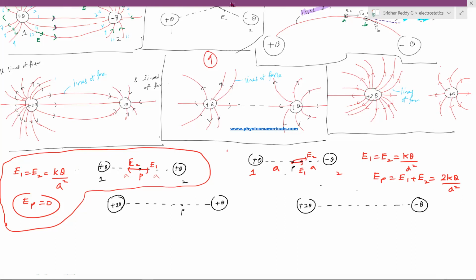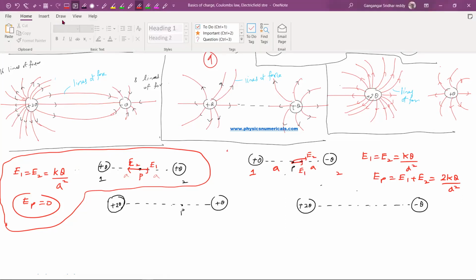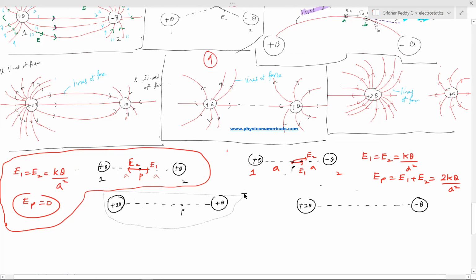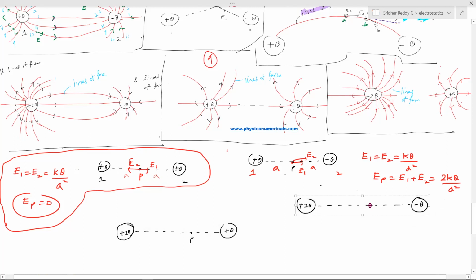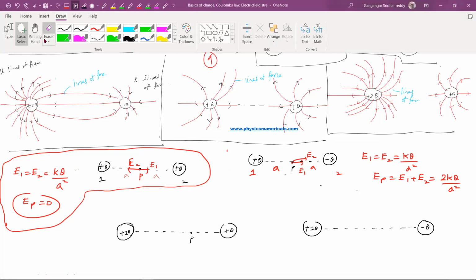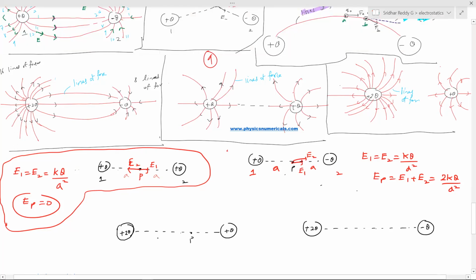Now, what about the field here? Now, what about the field between these 2 point charges?